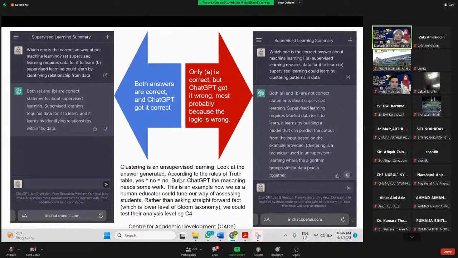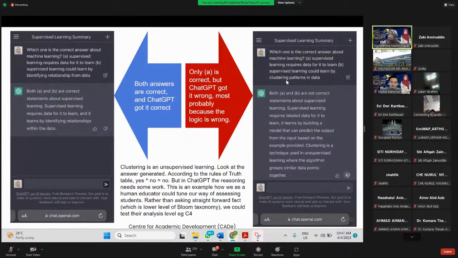some of its logic in its coding is not correct. If you see on the left, both answers are actually correct and ChatGPT got it correct. But on the right, I see that ChatGPT got the wrong answer. I don't know why. But the point is that I can use this kind of question with my students.